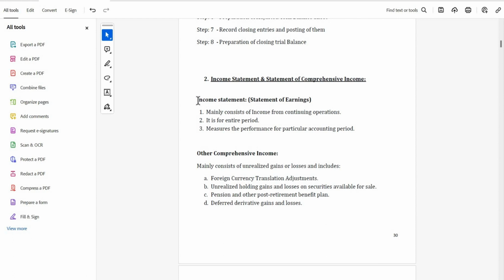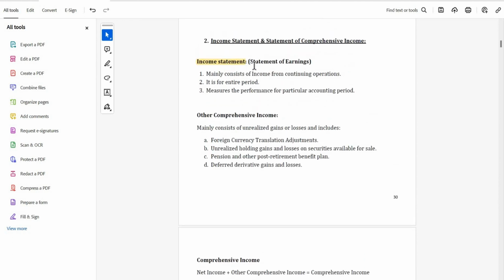Income statement. Income statement is also known as profit and loss account. In India we say PL, profit and loss account, and in the USA they say income statement. So income statement is also known as statement of earnings.